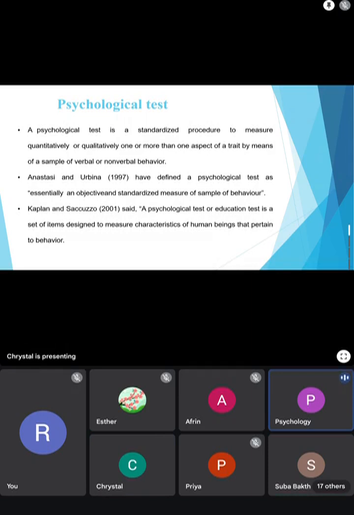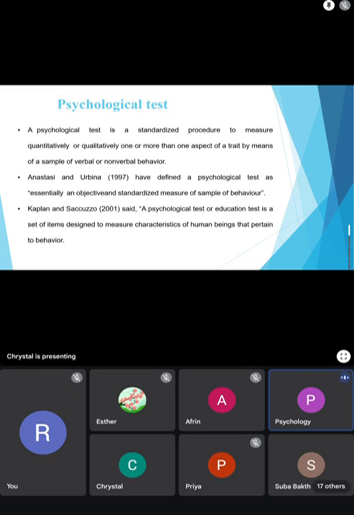So from a psychological perspective, there are standardized measures for assessing your intelligence, your skill level. We may have come across the common aptitude test, the CAT test, your English test.